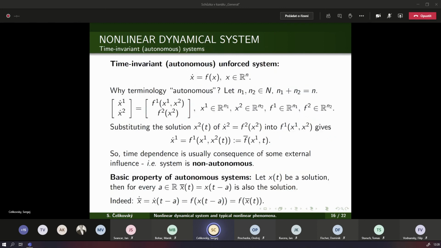Which again also makes sense, because if we want to control or study some device and we know that this device is all the time the same, it is not necessary to take time in years, but you can simply take time from this moment now and consider this moment as zero.